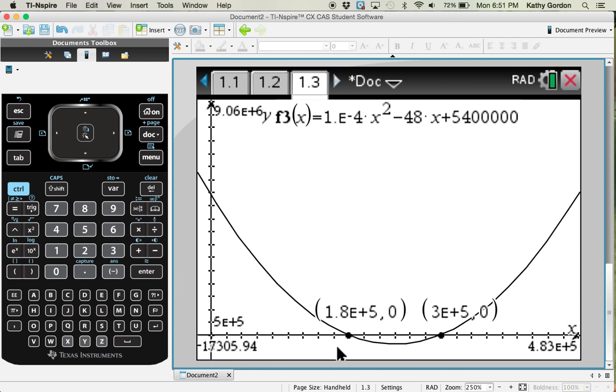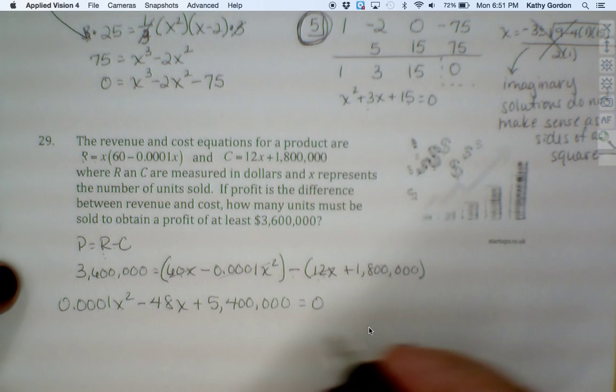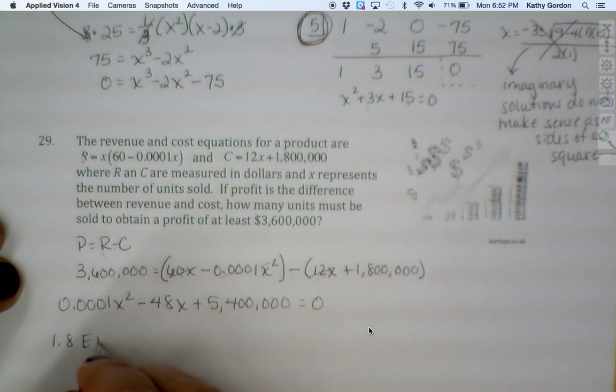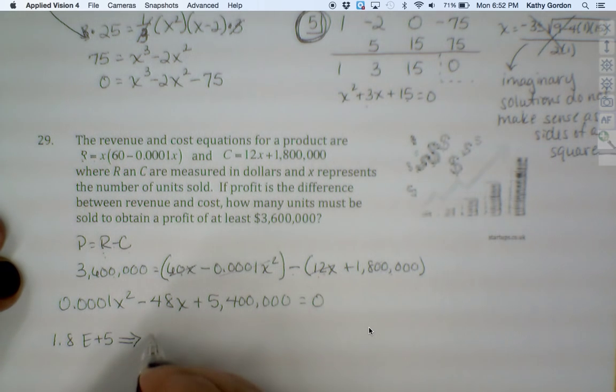Okay. So according to this, I can make 1.8 e plus 5. Well, what does that mean? Remember, on the calculator, if you get 1.8 e plus 5, that is equivalent to 1.8 times 10 to the 5th.